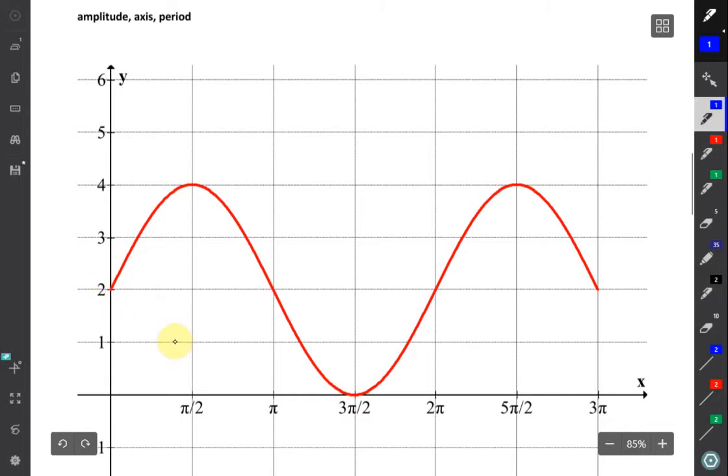What we want to do is label where the amplitude is. So the amplitude goes from the axis to the peak of the wave. So this is the amplitude right here.